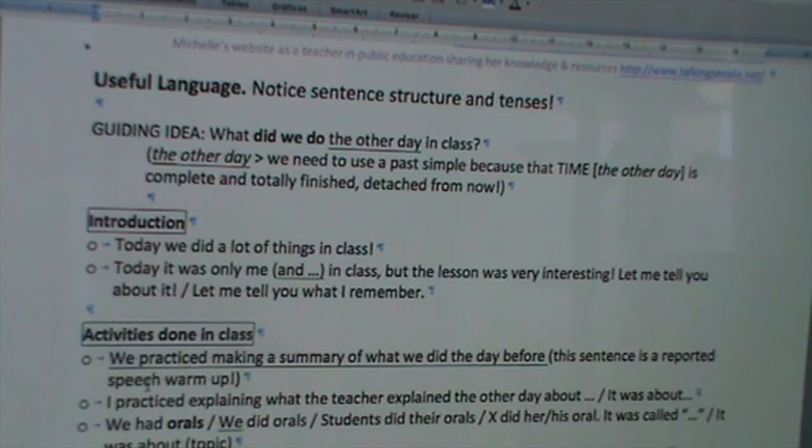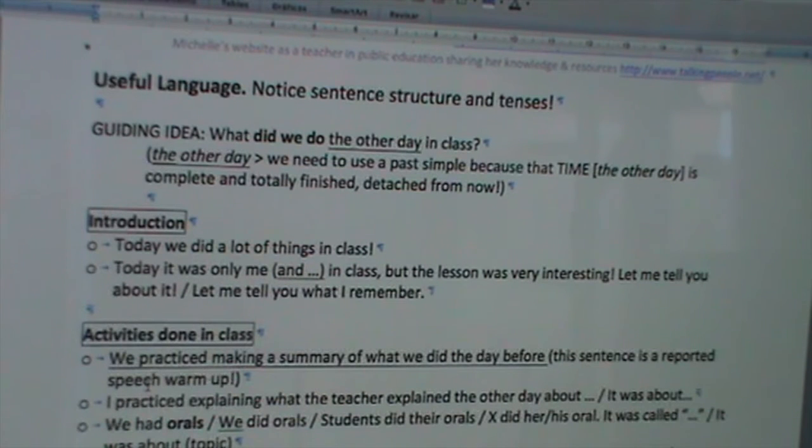Because the other day is totally detached from now. It is complete. It is totally past. Okay, there is no connection to now. Okay, detached. Detached is the opposite of attached. Attached, unido. Detached, desligado, desunido.